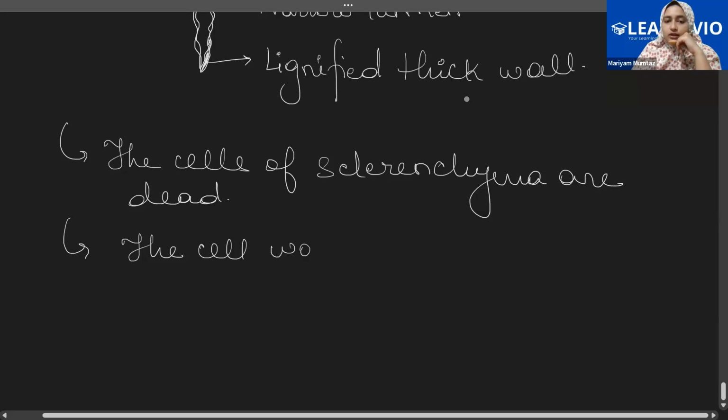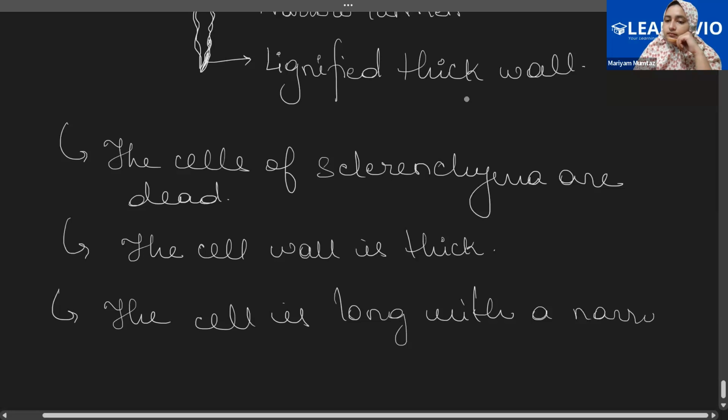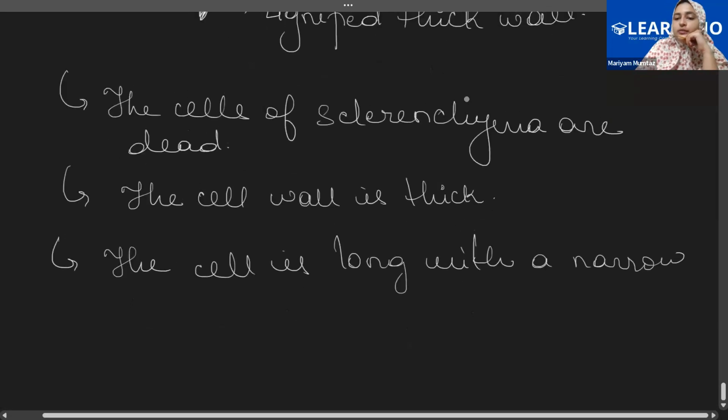The cell wall is thick. The cell is long with a narrow lumen. Do you understand the meaning of lumen?